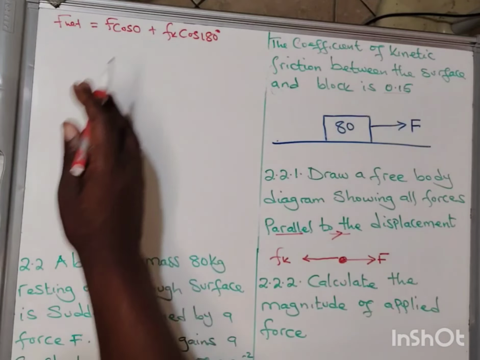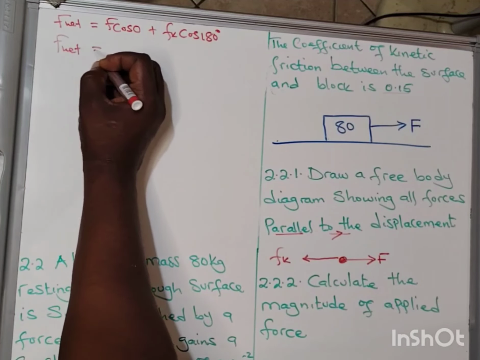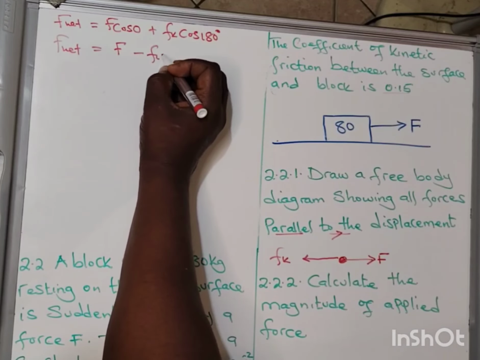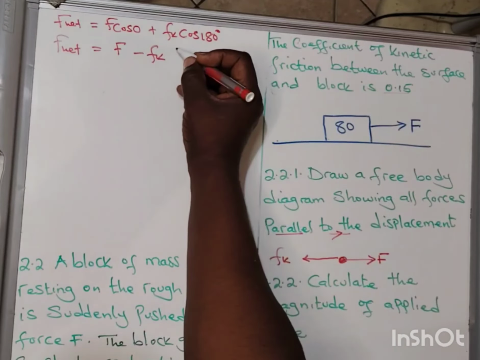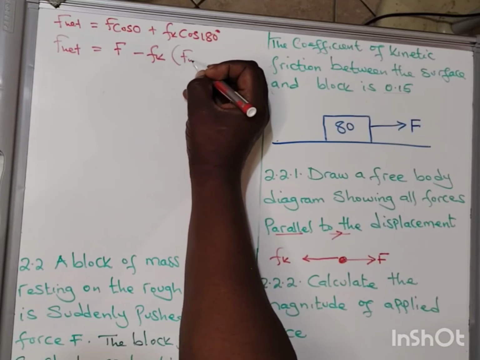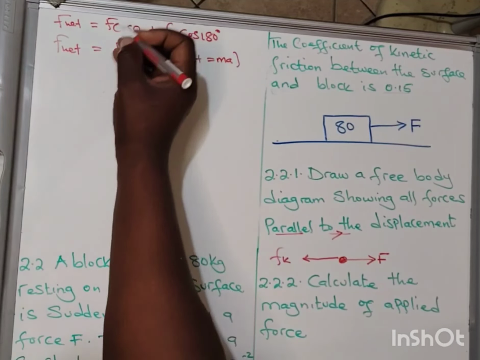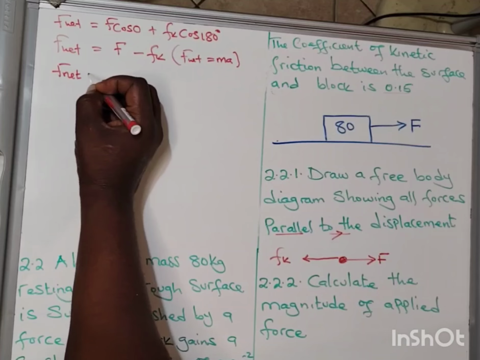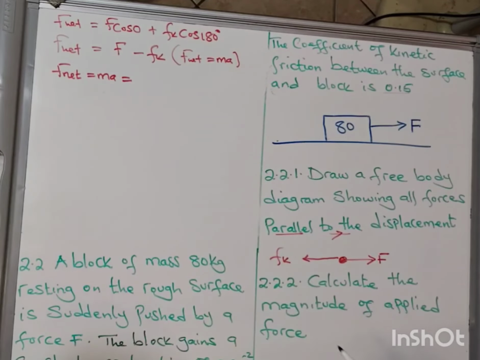Next, we can simplify this to give us F minus Fk. But we know F net is equal to ma. So we can find it. We say F net is equal to ma. What is the mass?